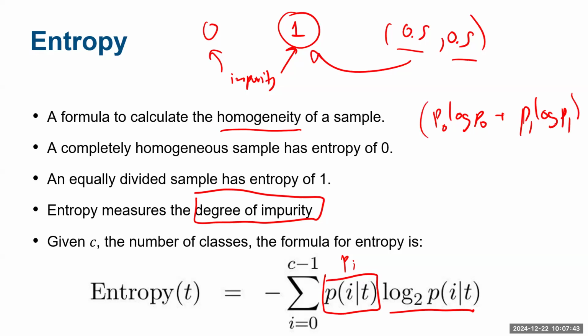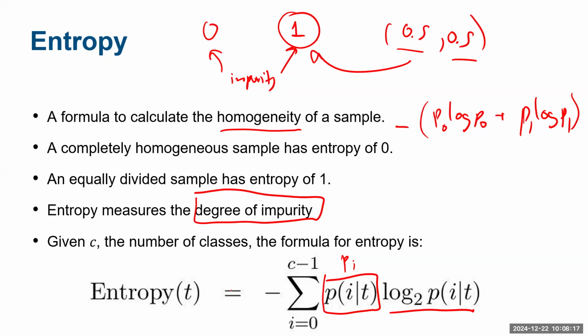And after you sum, you take the negative. Why do we need the negative in front? Because when you take a log of a number less than 1, you get a negative number, but our impurity measure is a positive number. So we put a negative in front so that it cancels out.